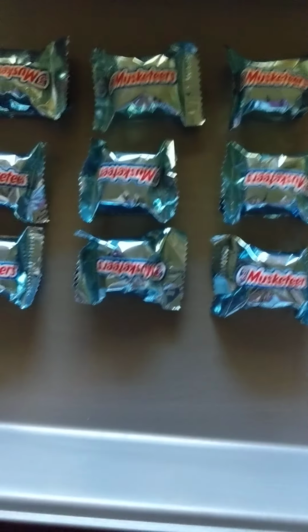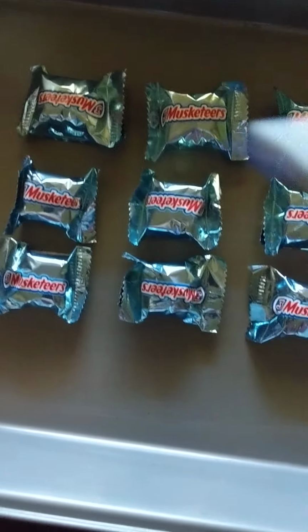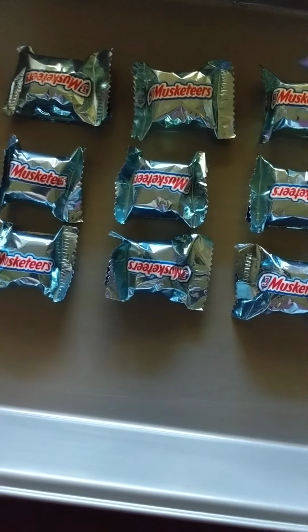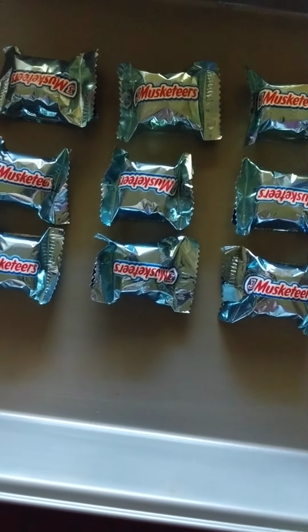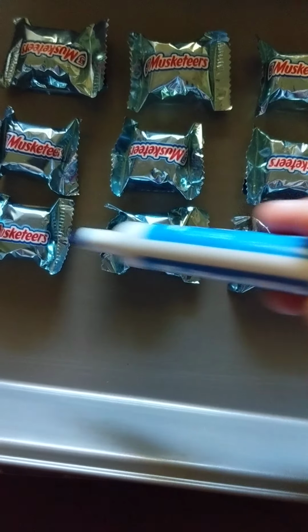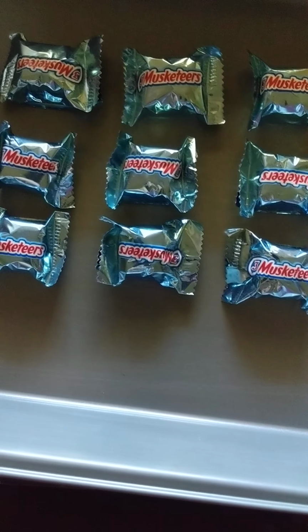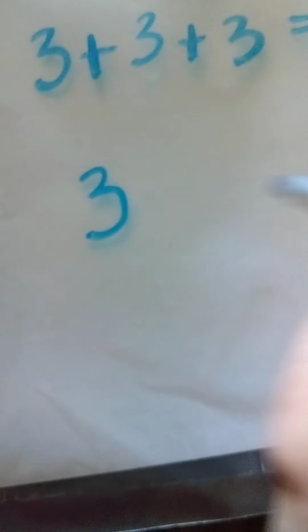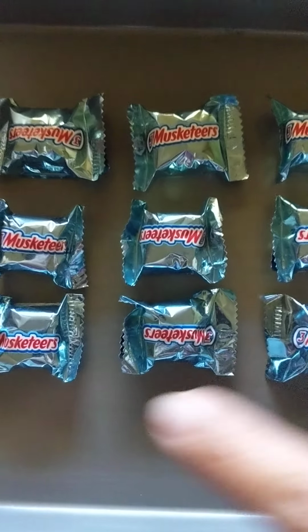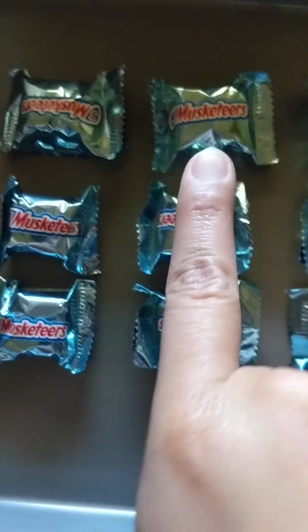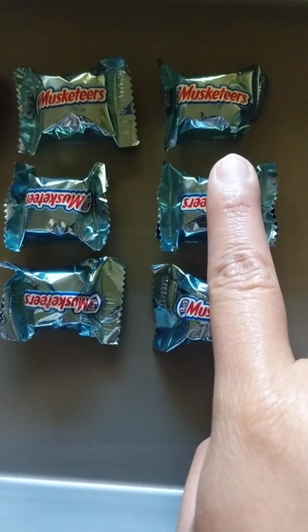So if I come back over here, I'm going to start by counting my rows. I'm going to count 1 row, 2, 3. I have 3 rows. So that's going to be my first number that I write over here for my equation. Now, I also have 1, 2, 3 in each row.